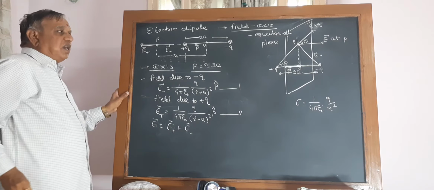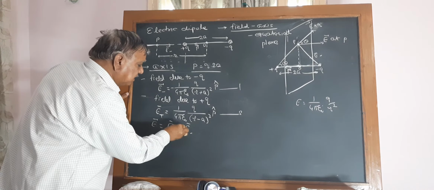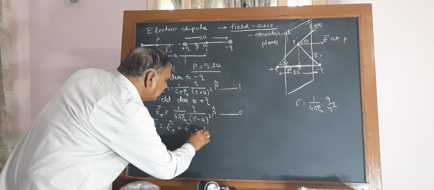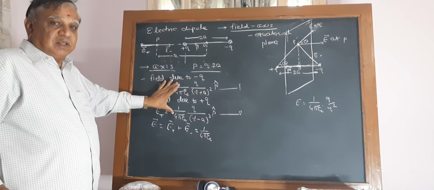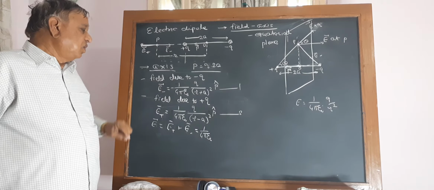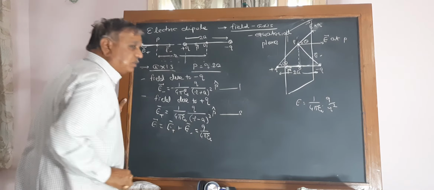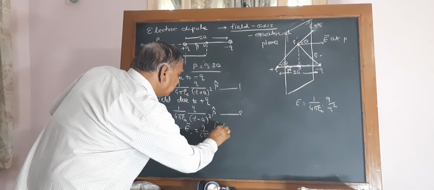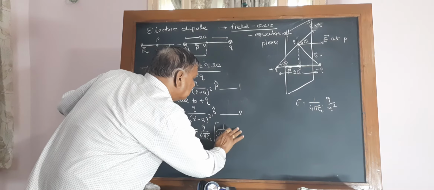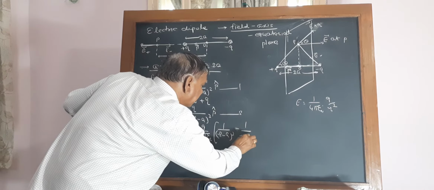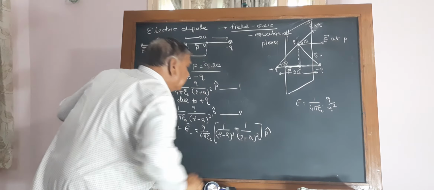Here 1 upon 4 pi epsilon 0 is common, and q is common to both terms. So q upon 4 pi epsilon 0 times 1 upon r minus a whole square minus 1 upon r plus a whole square, p caret.